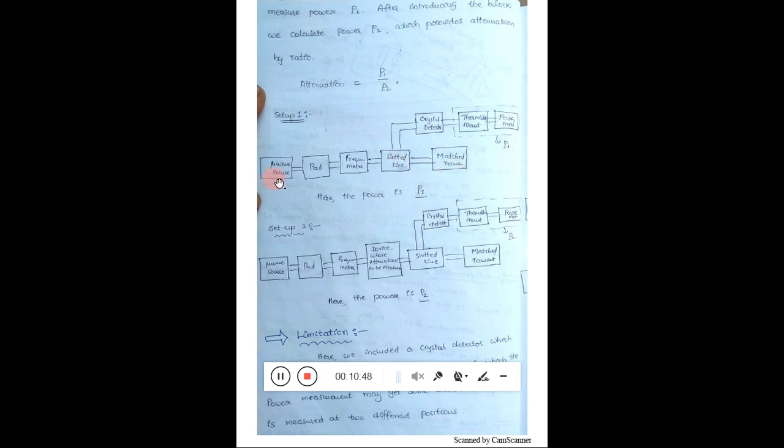First we measure the source power using the general bench setup with a crystal detector, and note down the value as P1. Now change the setup: the device whose attenuation we want to measure is placed between the slotted line and the frequency meter, and we measure the power, that is P2. The ratio of P1 and P2 gives the attenuation. That is the power ratio method.